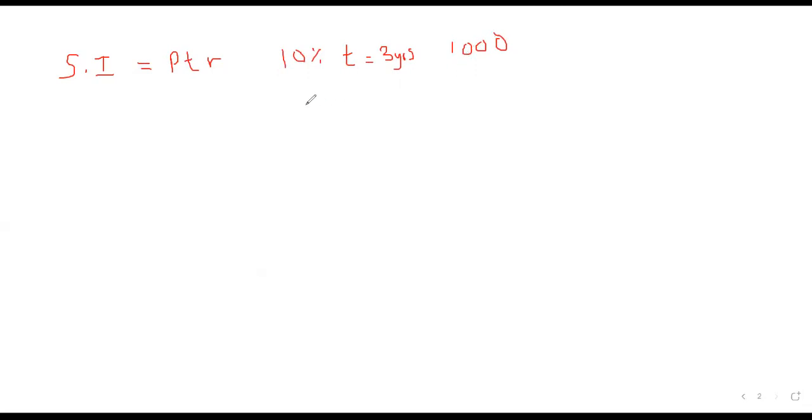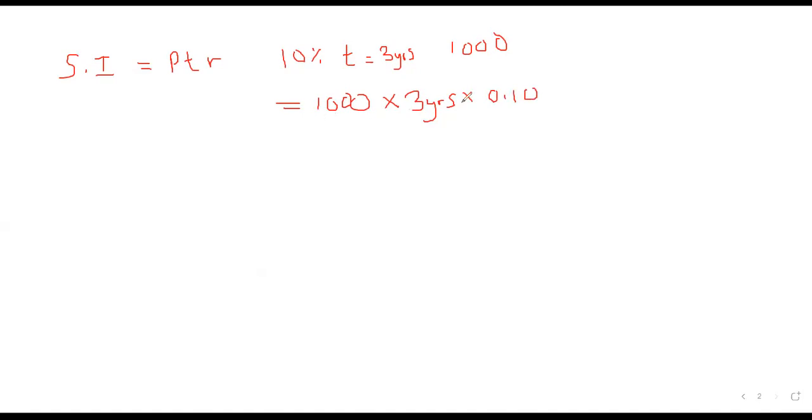So we're going to have on the principal 1,000 times the time, which is 3 years. Time is usually measured in years. Otherwise, we need to compute it in terms of years. The interest rate is 10%, decimal 0.10.